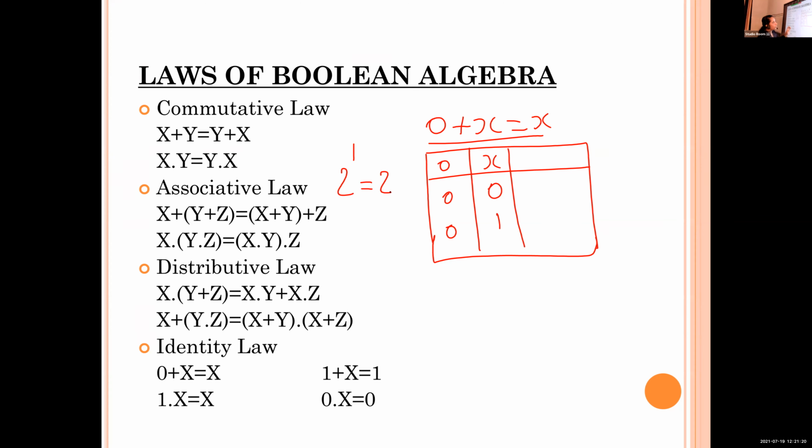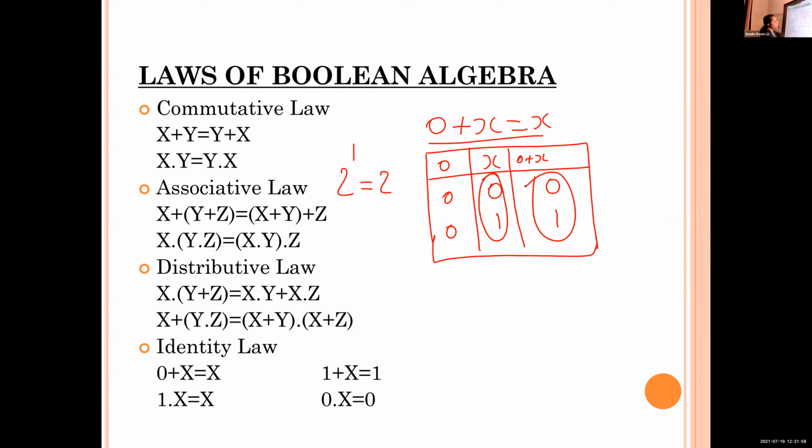It is not like a two-input-variable table with 0 0, 0 1, 1 0. This is a single-variable expression, so we are using only two input values, 0 and 1. Then what is the result of 0 plus 0? It is 0. Then what about 0 plus 1? It is 1. This is the same as X.